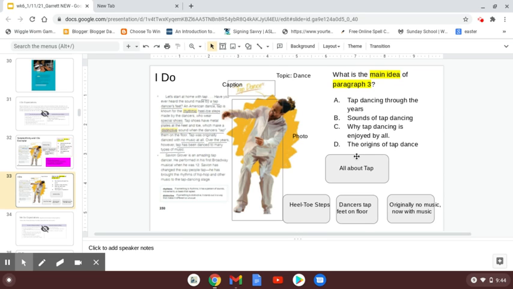As I'm going through my answer choices, I want to compare what I have in my organizer, what my main idea is, all about tap, as well as my supporting details, to what my answer choices are. So it says in answer choice A, tap dancing through the years. I know that was one of my details, that originally there was no music and now they dance with music, but that is not what everything was about. They were talking about tap dancing overall.